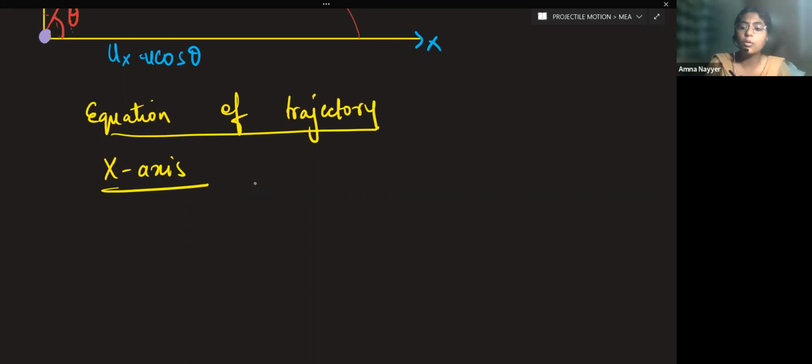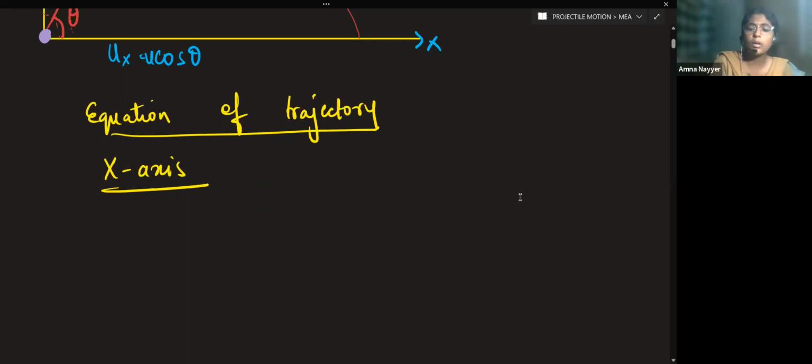If a particular quantity is not occurring along the x-axis, for example acceleration due to gravity, that will always fall downwards. Its direction is downwards only, which we have studied in the last class also. So if its direction is downwards, then it won't ever have a component of x. So you will write its acceleration as 0 along the x-axis.